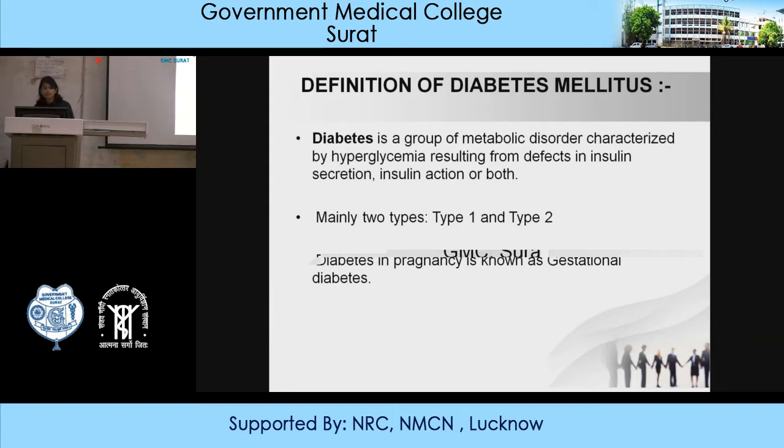So there will be no after effect of this hormone, or either there will be both deficiency of secretion as well as deficient action. And a special category, that is diabetes which occurs in pregnancy, we all know that is termed as gestational diabetes. Okay, so here we are completing definition of this disease, and I think it is very important for viva purpose.